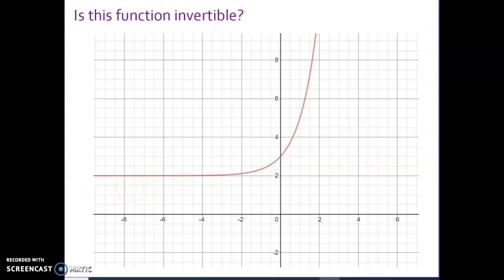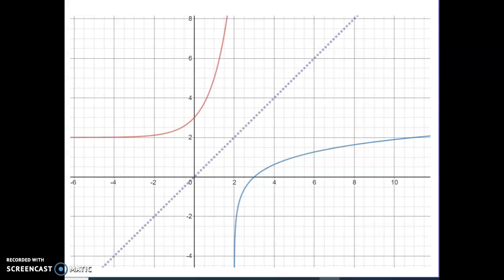So what do you think? Invertible or not invertible? This one is invertible. So here is my exponential curve. The inverse of an exponential is a logarithm, which we didn't have time to get to this semester, but there's a logarithm. And again, it looks like it's not going to be a function right here. It looks like it's going to go straight and it's going to fail the vertical line test.